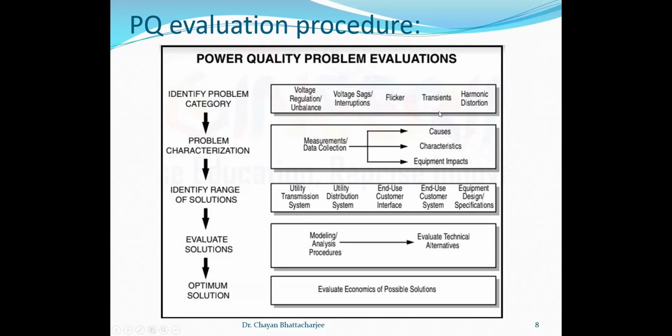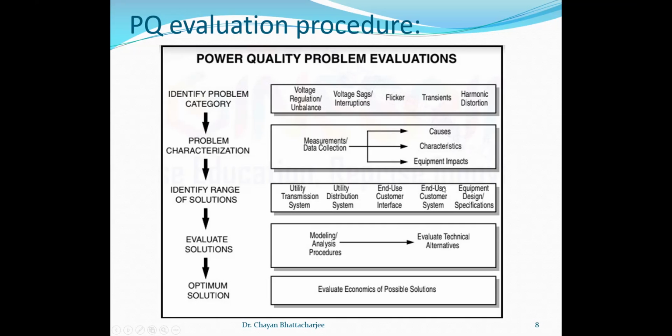There are several locations where we can use a particular solution or mitigation device: at the utility transmission system or distribution system, or at the customer interface, that means the interface between the power system and the customer, where we connect it, or at the customer system itself, or you need to change the customer design specification. And what is the appropriate solution for that particular problem, you need to study this.